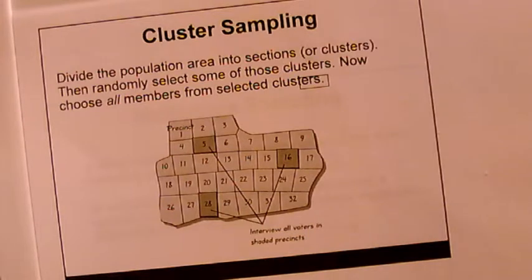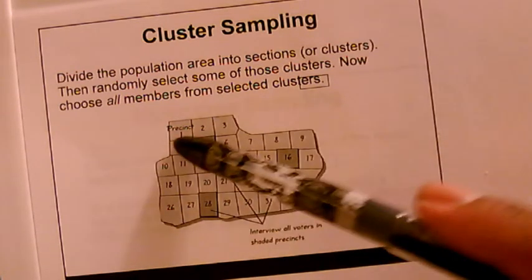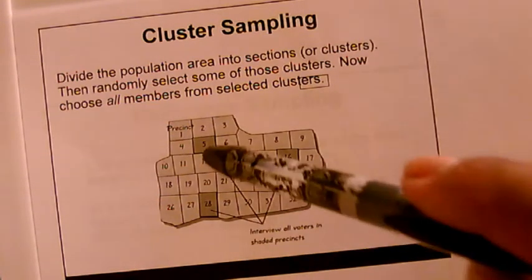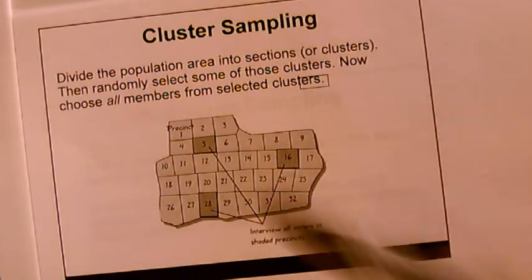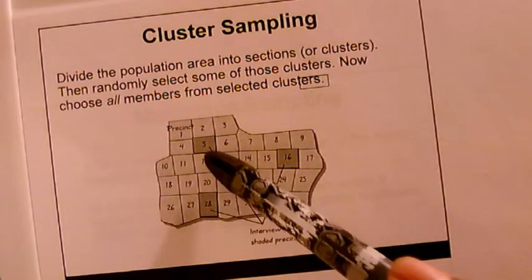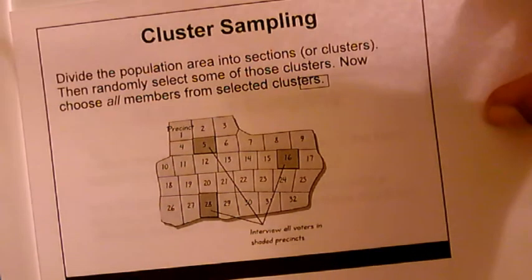So let's say you want to separate a particular city into different precincts, as you can see here. Take one city divided into precincts, then randomly select those precincts and choose all the members in the precincts you have selected. That's what cluster sampling is.